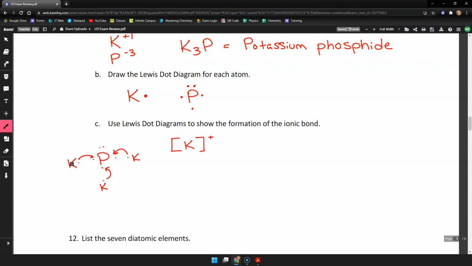Each potassium is going to have a +1 charge because they're giving up 1 valence electron. And then we have phosphorus. Phosphorus gained 3 electrons for a total of 8. Its charge will be -3.